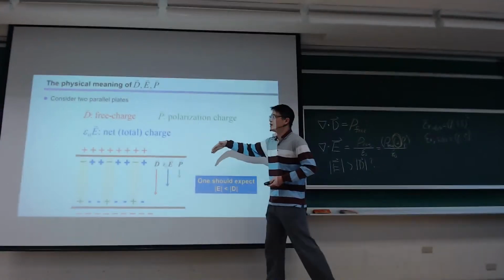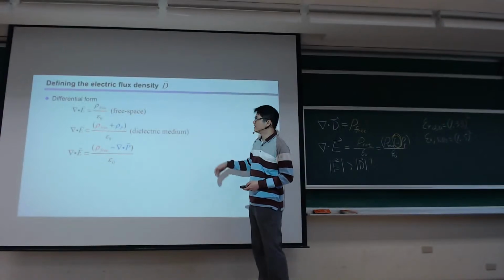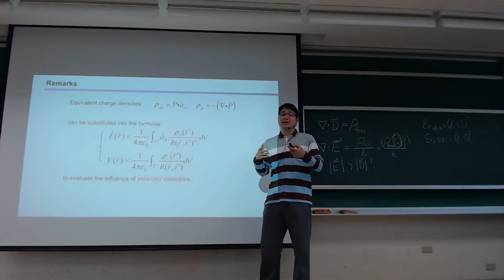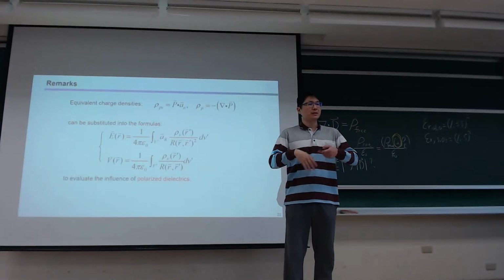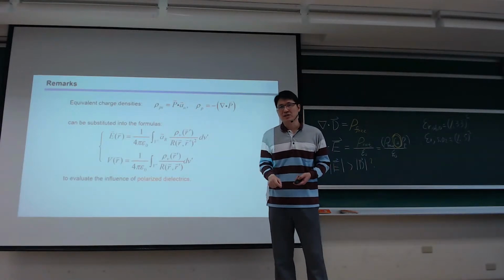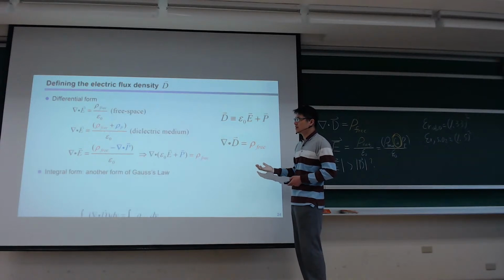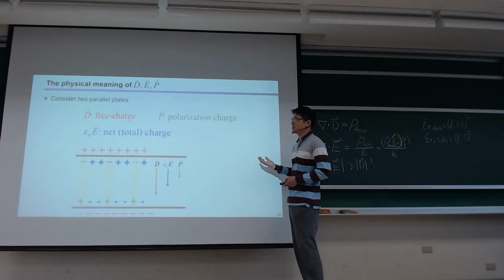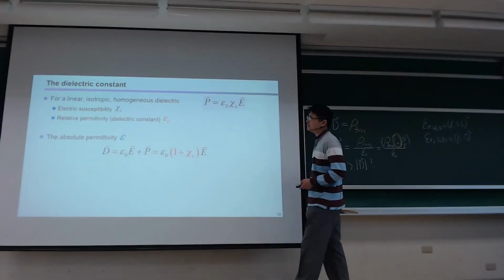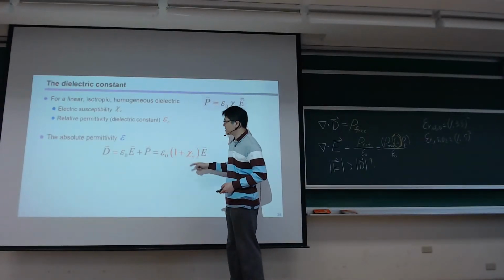So you no longer need to take care of all these. You don't really need to calculate the field distribution or potential distribution due to the induced charge densities. Everything is represented by that simple constant. Well, sometimes people combine epsilon 0 times epsilon r.